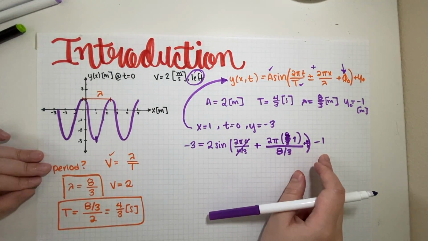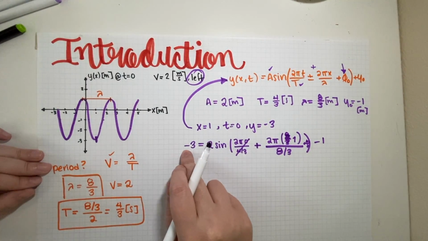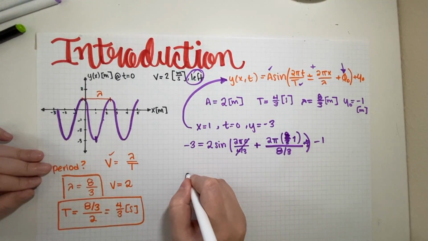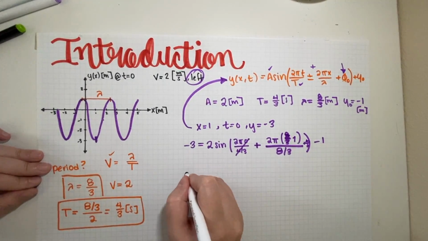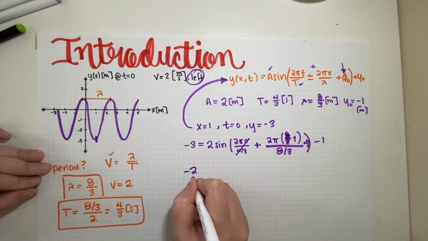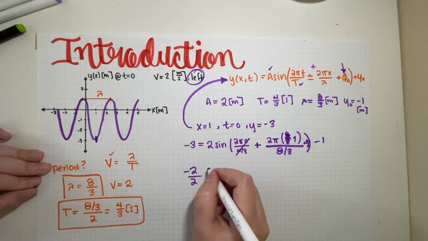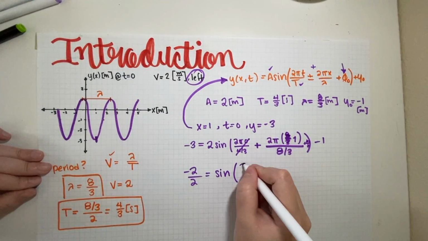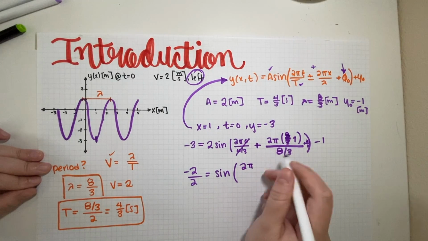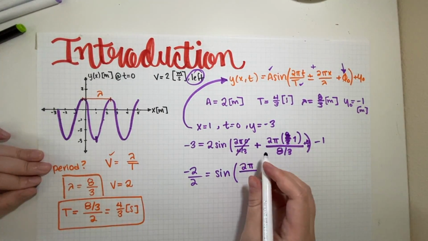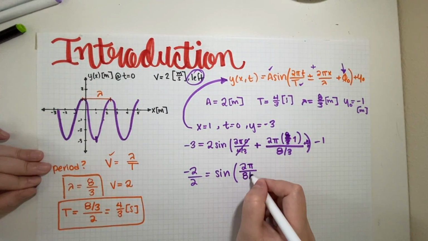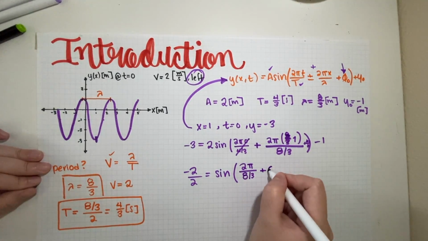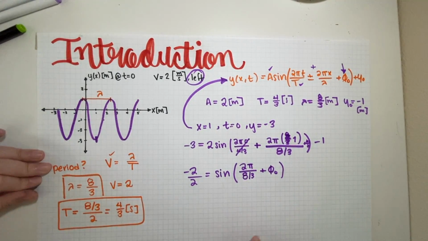So let me just rewrite this. So -3 plus 1, so this is equal to -2 divided by 2, I'm dividing this, is equal to sine of 2 pi times 1 divided by 8 thirds plus 0.